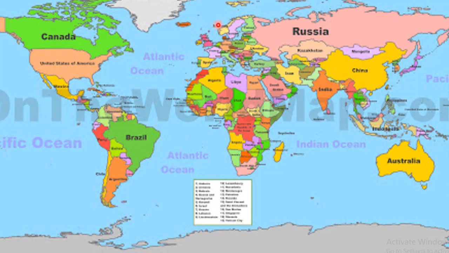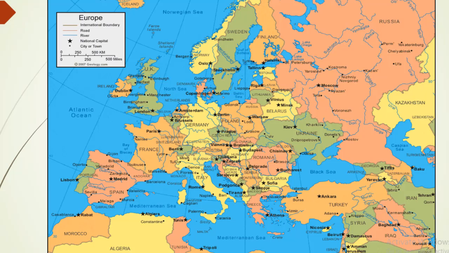The countries participated in two groups. So this is again the Europe map. You should be acquainted with the main countries. Like here we have France, which is very much part of the First World War.